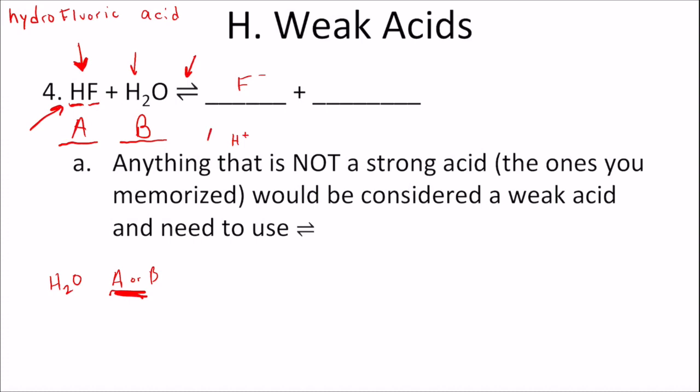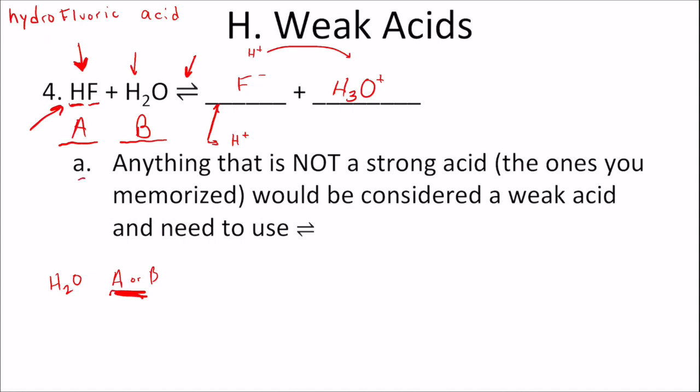So if you put these two things back together, you'd get that HF. All right, now what about the H2O? So the H2O gained the H plus, right? So now H2O becomes H3O plus. All right, and there you go. And you can check to make sure that this is balanced, and it should be, because all we did was take an H plus from here and move it over there. So everything should still be balanced.